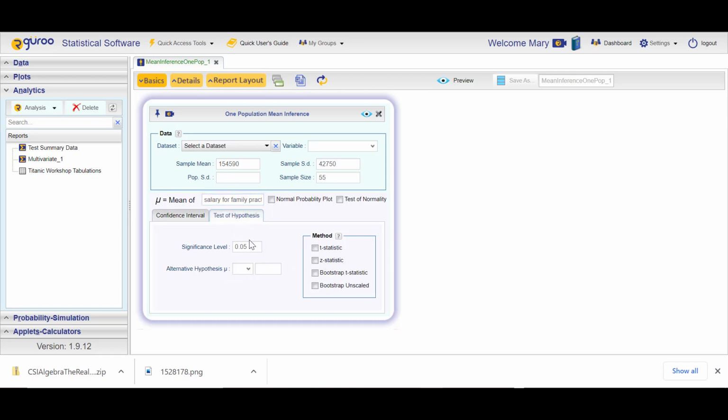We're doing a hypothesis test at a 0.05 significance level that it is less than, and the alternate statement is 168,550. And just double check to make sure you type in everything correctly. And then remember, it's T statistic because we know the sample standard deviation.